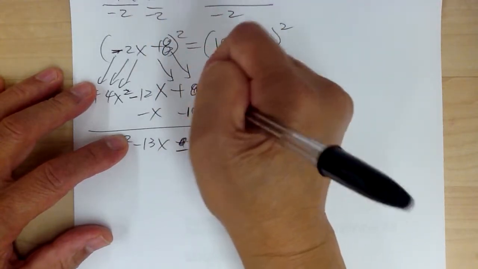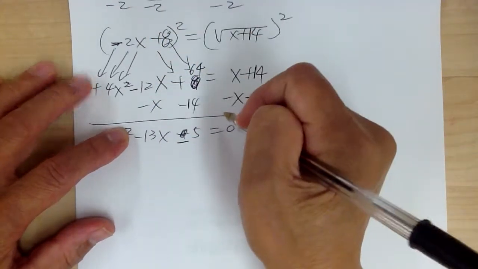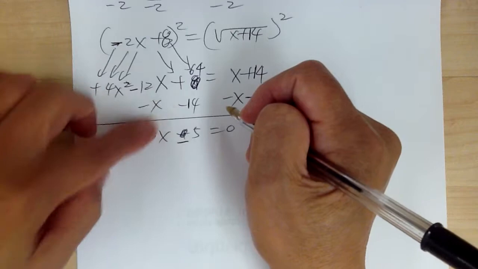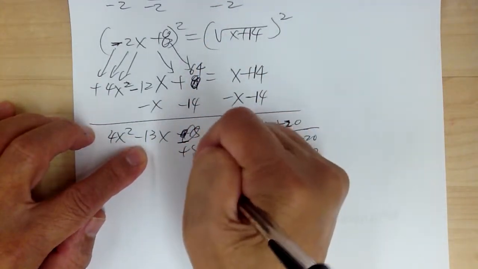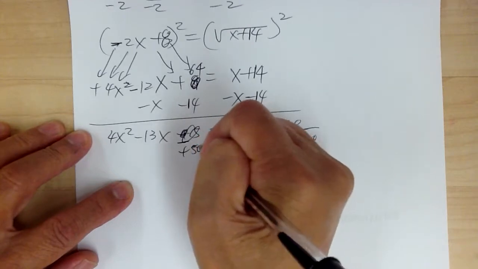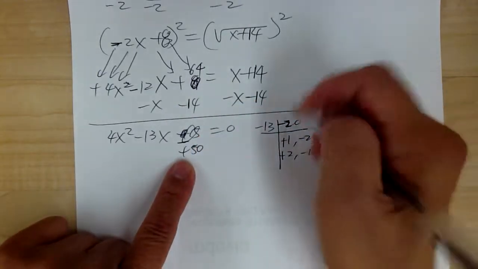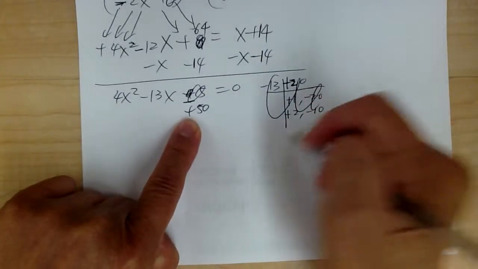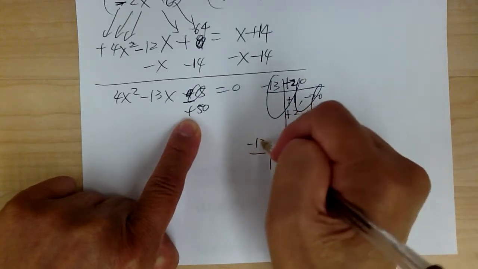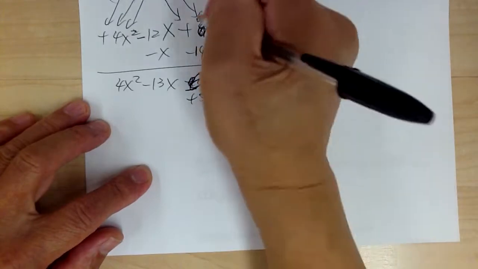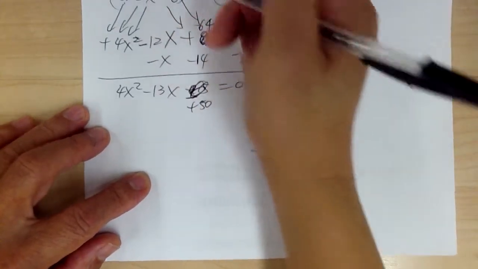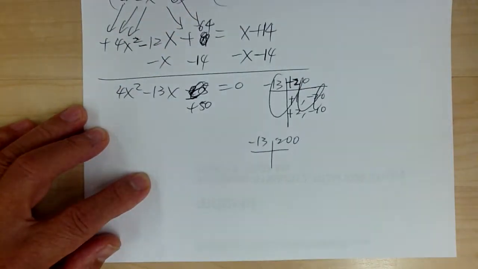So this would be a 64. Okay, so this would become plus 50. Okay, there we go. So this would be negative 13 and this is 200. There we go. So just watch for careless mistakes. So this one, copying it wrong messes everything up.